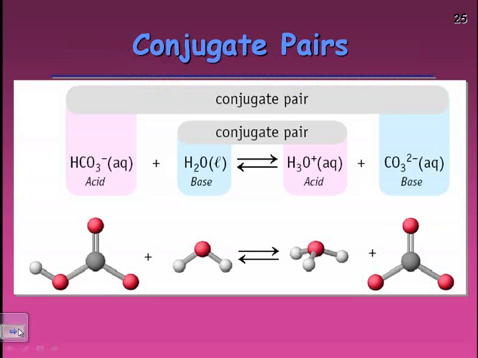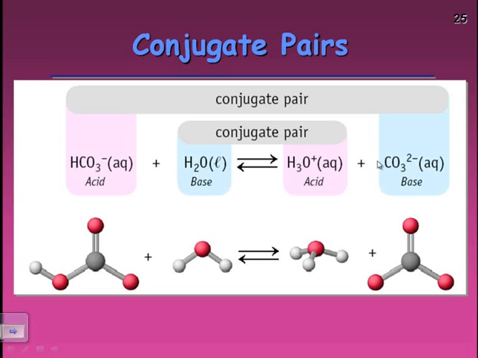Okay, so now we're going to talk about conjugate acid-base pairs. Let's say I have an acid, and this acid is in water, and the acid will lose its hydrogen plus and become, in the process, just the carbonate ion here.